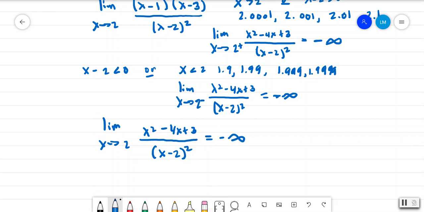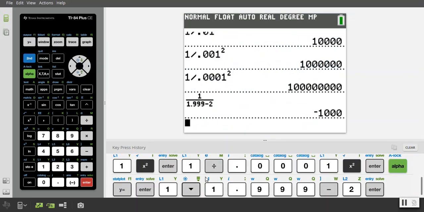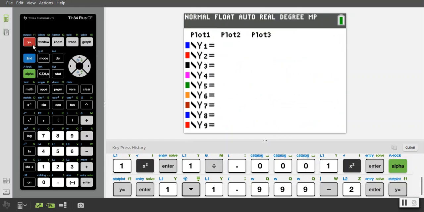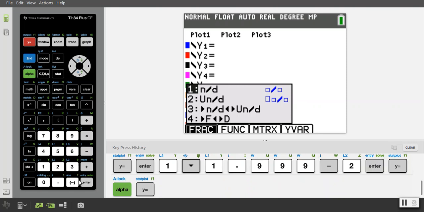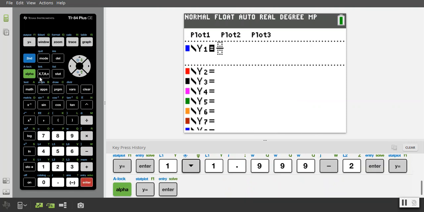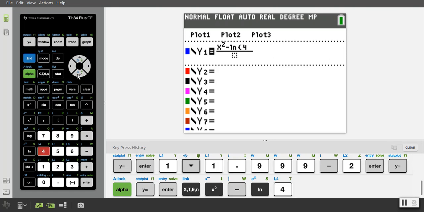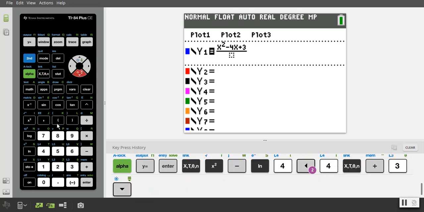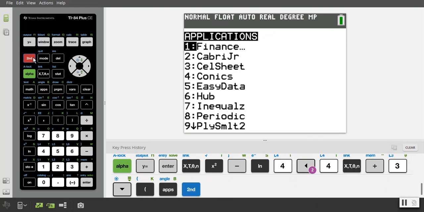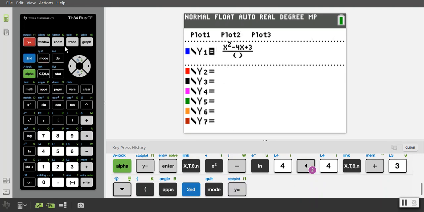Now, if we want to, we can go back and look at the graph of the equation. So we have x squared minus 4x plus 3 divided by, oops, okay, let's do this again.